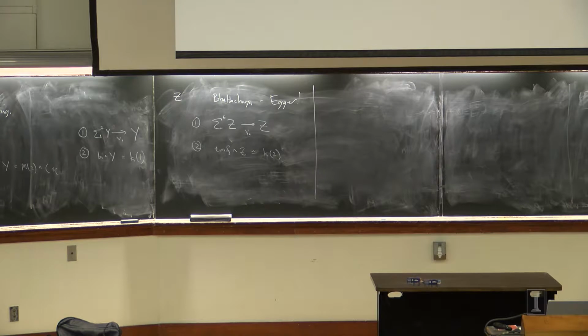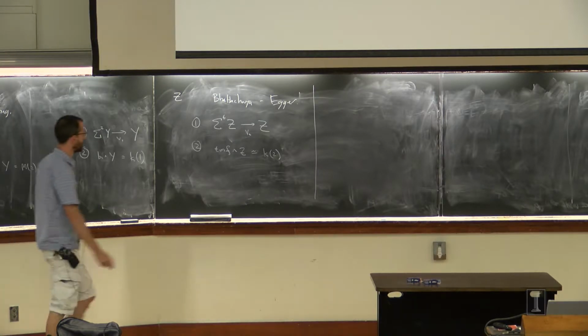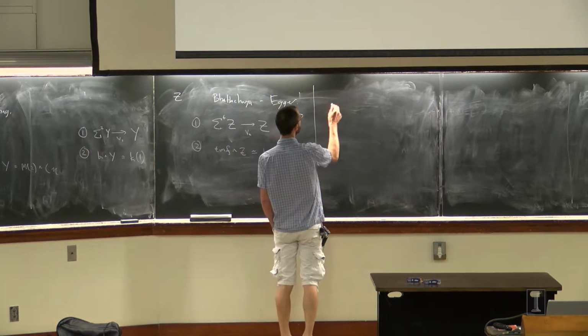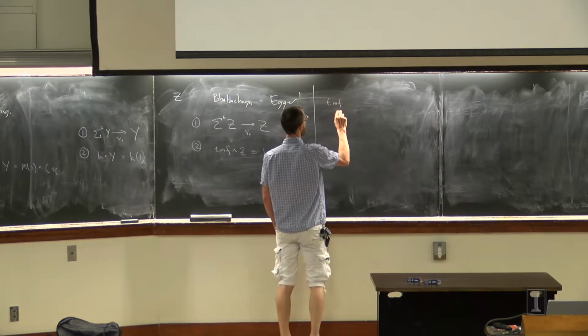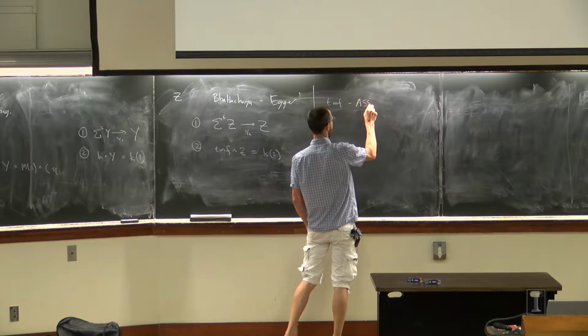Okay, so we want to understand the TMF-based Adams spectral sequence. What does it look like?